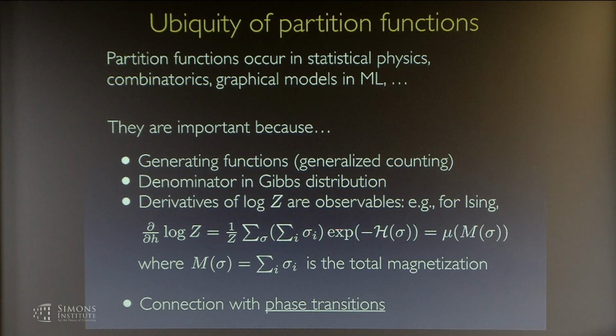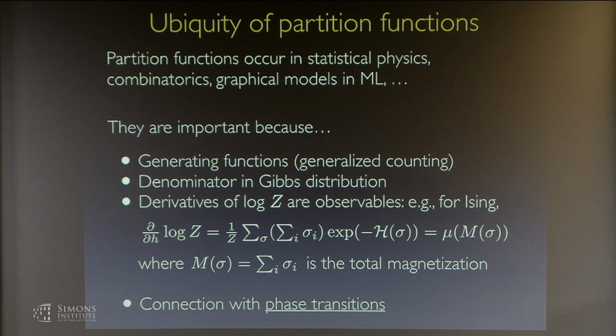What you're left with is the expectation over the Gibbs distribution. This is the Gibbs weight of a configuration, and this is the denominator, the normalizing factor. So you get the expectation in the Gibbs distribution of this observable, which is the sum of the spins. This is called the magnetization, the total sum of the spins.